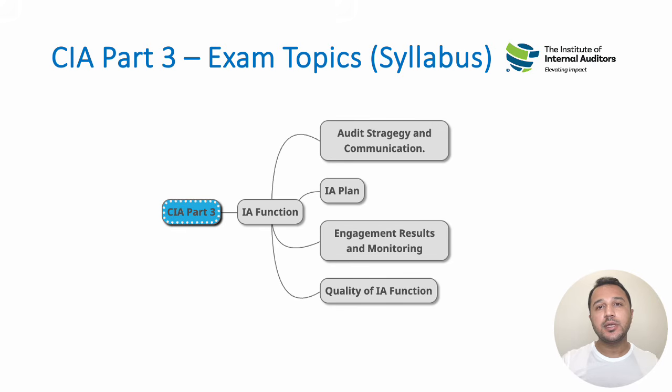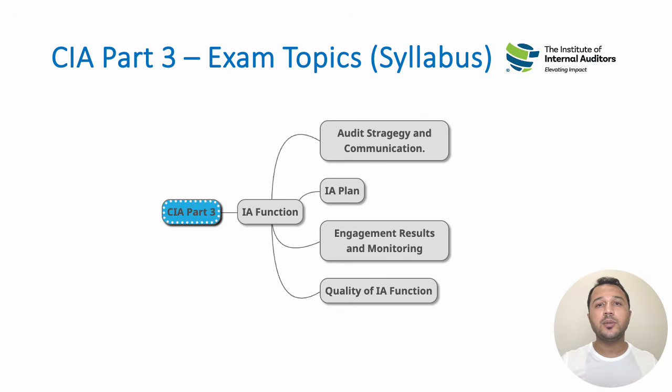CIA Part 3 basically talks about the overall management of the internal audit function, and you can see it's a natural transition, starting from discussing the fundamentals in Part 1, the audit engagements and business processes in Part 2, and in Part 3 how you manage the internal audit function.